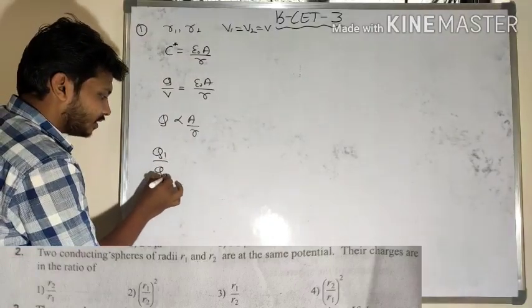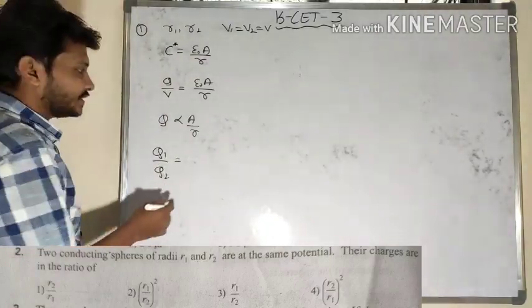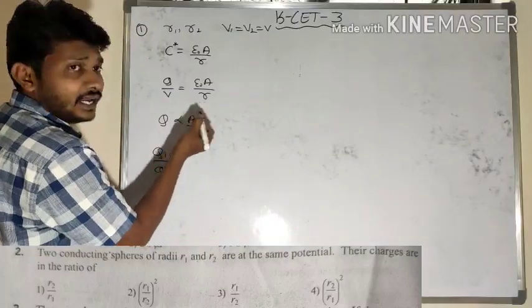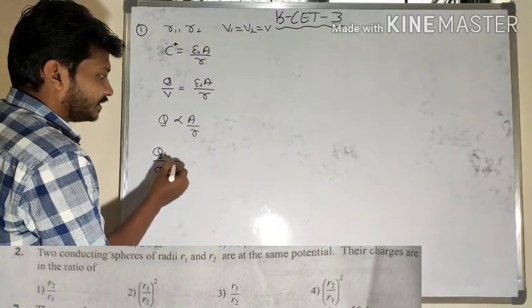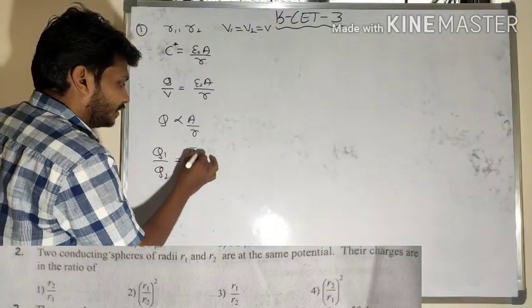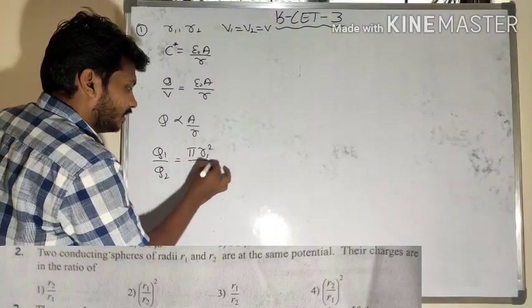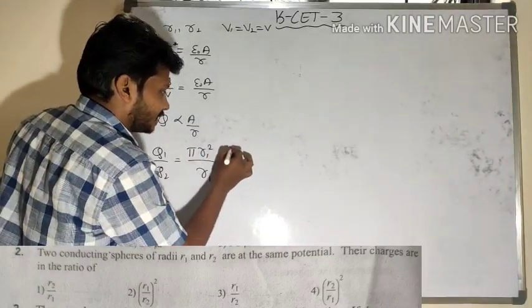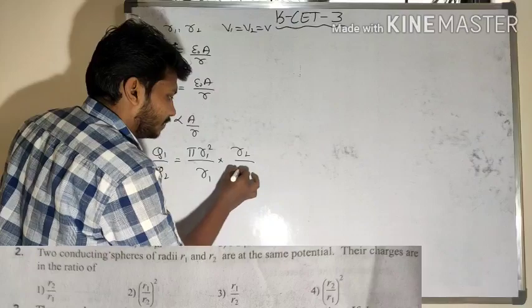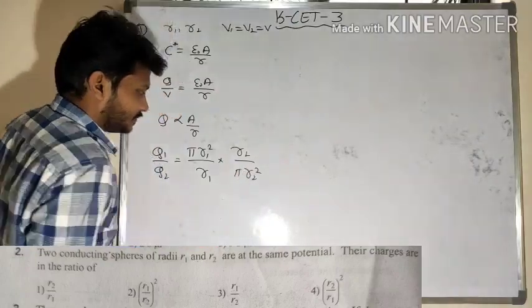So Q1 by Q2. Area of the circle is pi r square, so for the first one, pi into r1 square divided by r1, and for the second one, r2 divided by pi into r2 square.